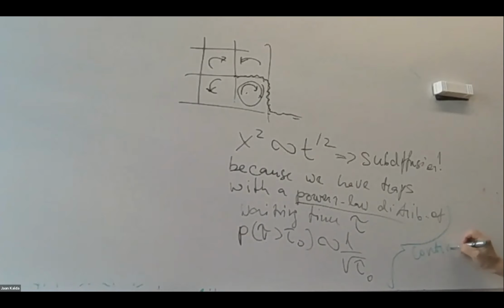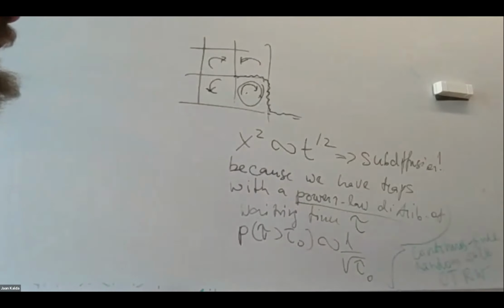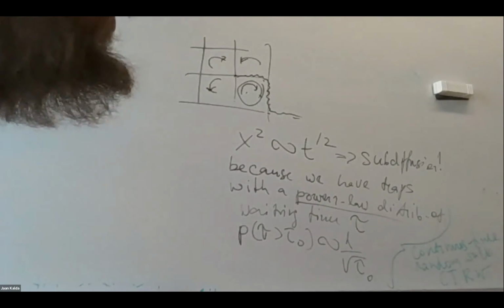CTRW is the abbreviation for continuous time random walk.